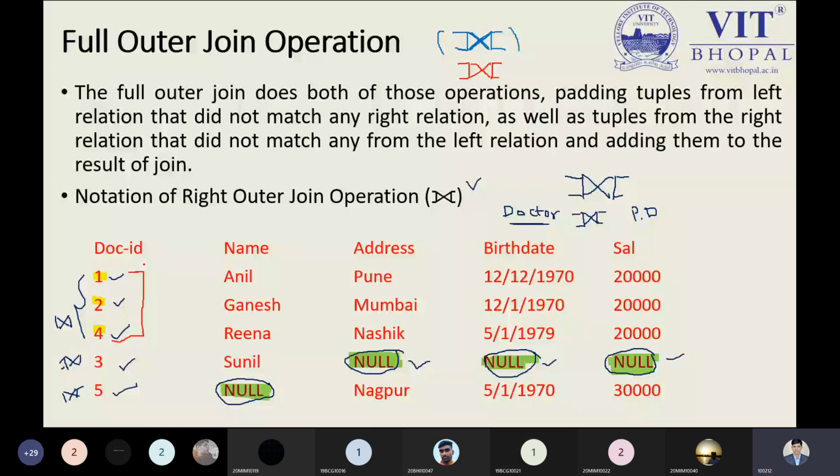So far we have discussed the join operation and its various types of category. So I'm saying once again, join is essentially part of the Cartesian product, but in the Cartesian product we can have duplicacy, to avoid that we have to use this way. In the join we have two types of flavor, one is inner join and outer join. Inner join we have to follow by the conditional approach.